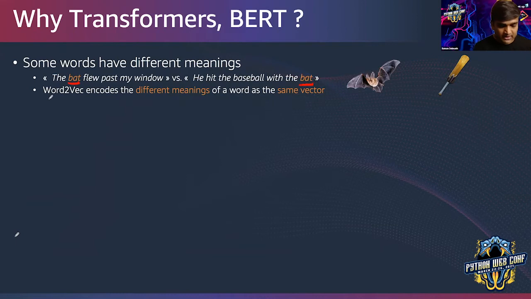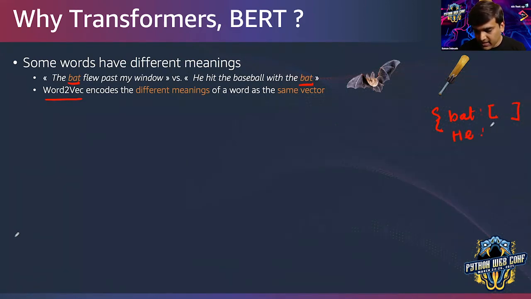If we use something like word2vec, you can imagine it as a list where you have bat, and bat will have some vector representation, and then maybe the word he will have some vector representation, and so on with all these sentences.